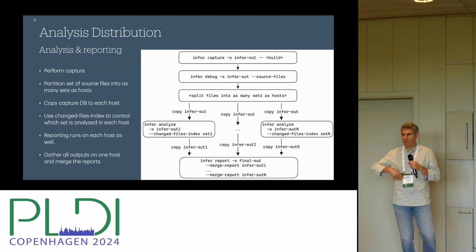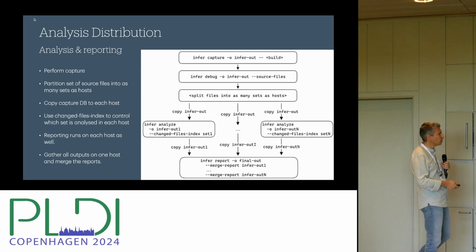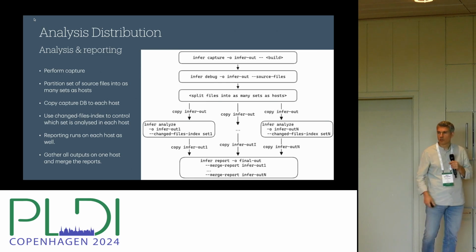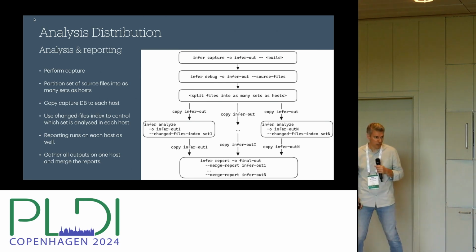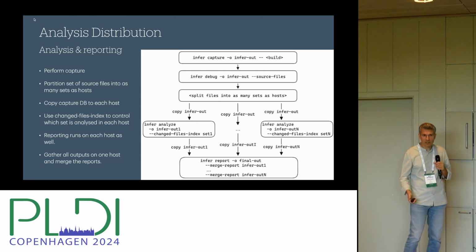So it's like a broadcast model where you copy the capture database to all the hosts, and then once you're done, you collect all the output result directories. Remember that reporting happens on every host, so reporting has happened already. We just need to merge the reports, and there is extra machinery that you can use for that, essentially JSON merging. You could do it by hand if you wanted. So that's a basic distribution model.